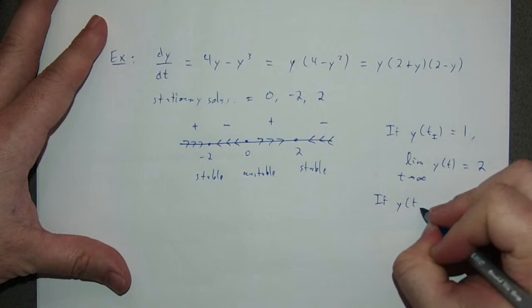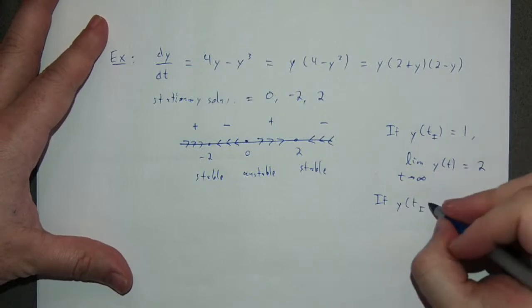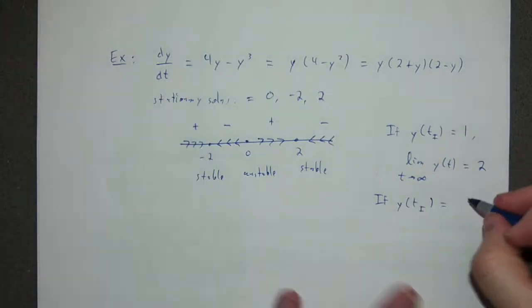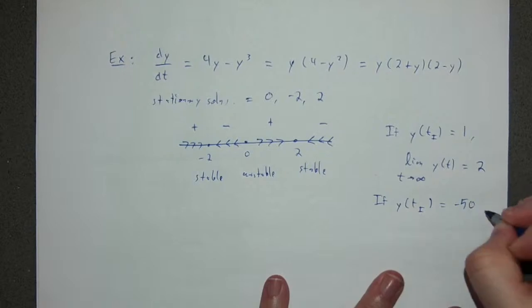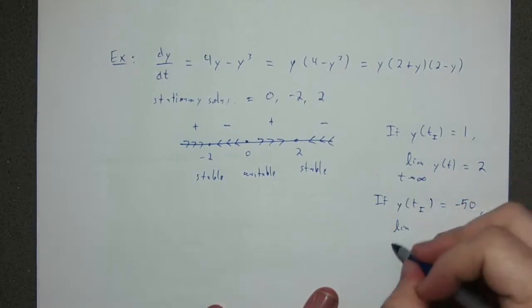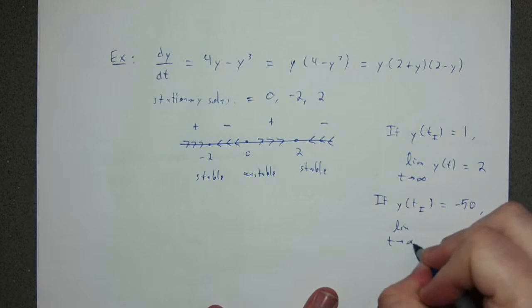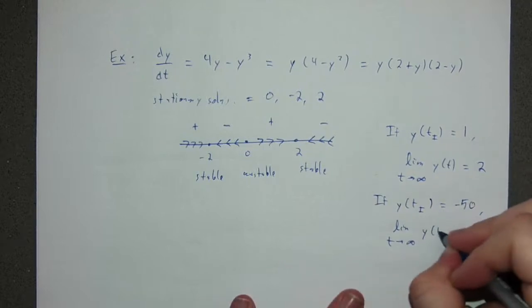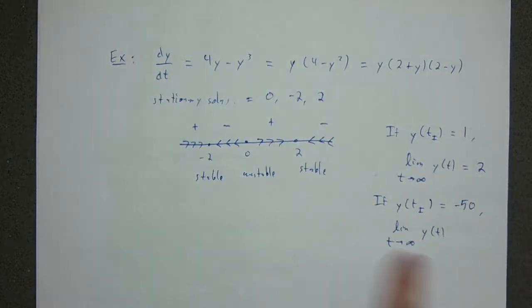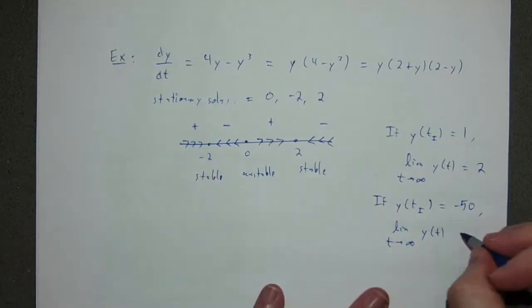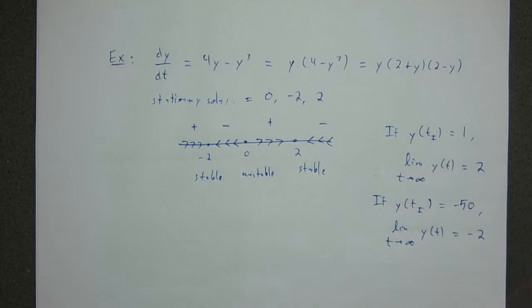If y of t sub i is equal to minus 50, what is the limit as t goes to infinity of y of t? So minus 50 puts you on this piece. The arrows indicate motion towards minus 2, so this is minus 2.